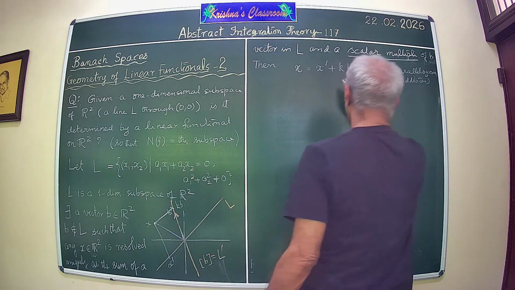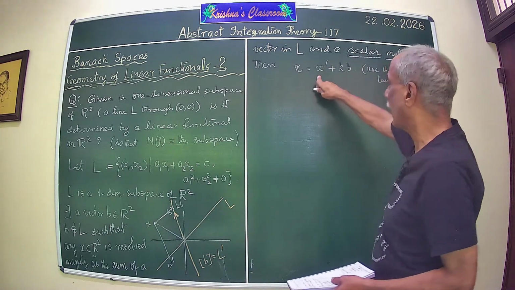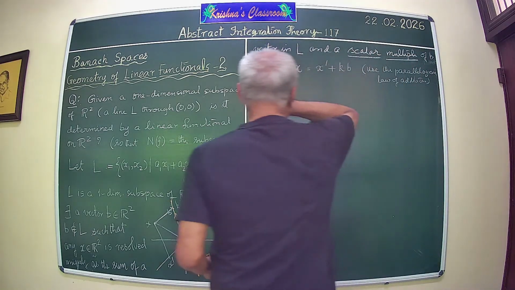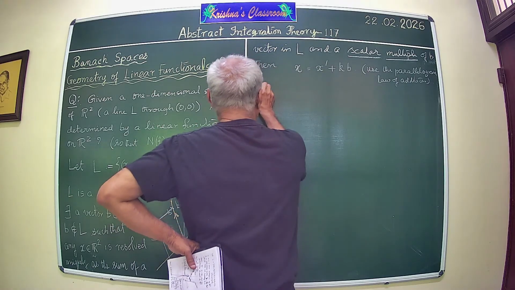How do we do that? How do we fix this? That is, x prime is uniquely fixed, k is also uniquely fixed. How do you do that? Okay, now we will see, is it possible?